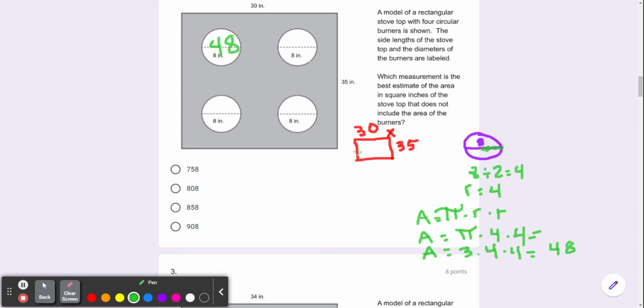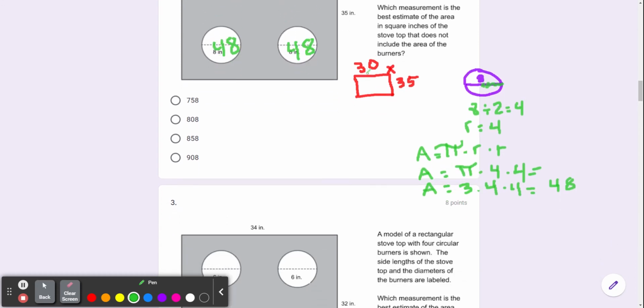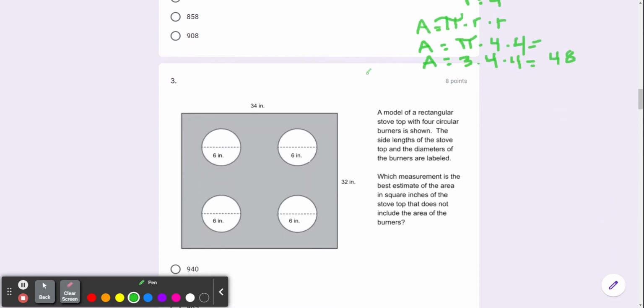So you're going to take the total area that you get here, so this entire area, and you're going to have to take 4 of these 48s out. So you're going to take your full area, 30 times 35, and then you're going to subtract out 4 of those 48s to get your final answer. You go ahead and try this next one. You're going to solve it the same way.